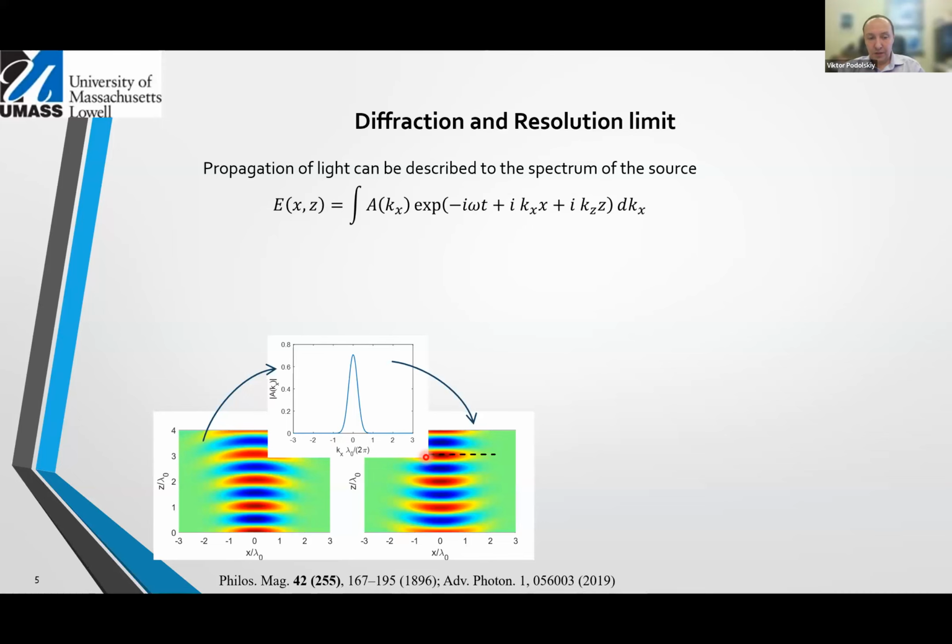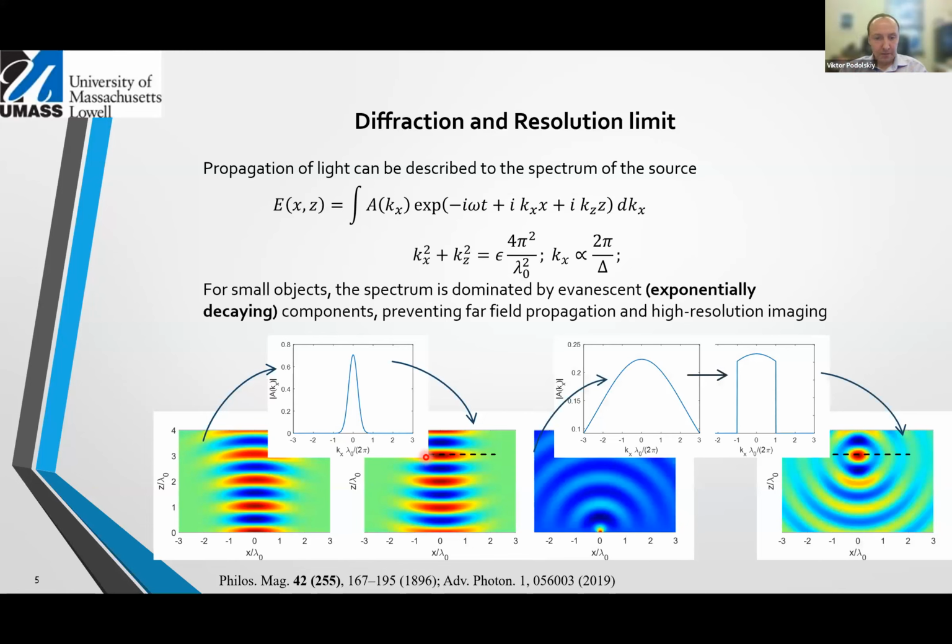So the natural extension here is, well, let's start with beams of light that are generated by smaller and smaller objects, and see if we can at least mathematically reverse the phases of the plane waves that constitute the resulting wave packet, and localize them into a smaller focal spot. Unfortunately, this is not what happens in reality.